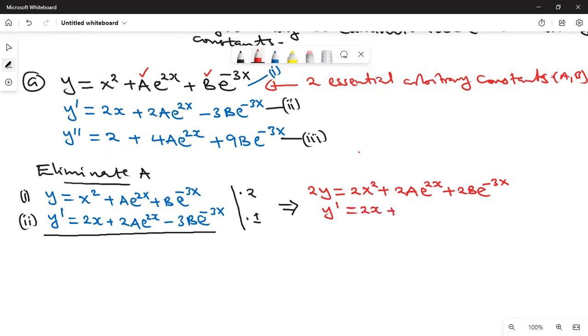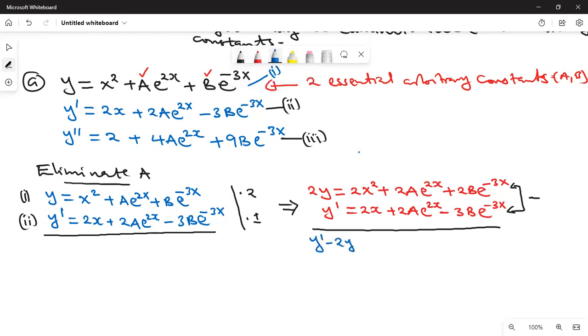Now we can subtract the two equations to get rid of a. Take the second minus the first. So we'll have y prime minus 2y on the left hand side, equals 2x minus 2x squared.